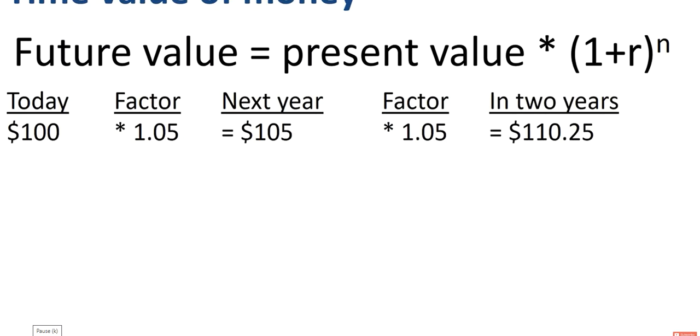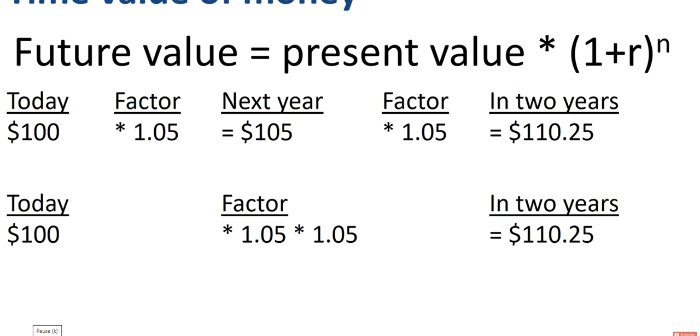Let's expand our example to 2 years. $100 today multiplied by 1.05 is $105 1 year from now. That same $105 1 year from now multiplied once more by 1.05 is $110.25 in 2 years. Or if you want to go straight from today to the future value to 2 years from now, $100 today times 1.05 times 1.05 equals $110.25 2 years from now. 1.05 times 1.05 is the same as 1.05 squared, which is the same as 1.1025.